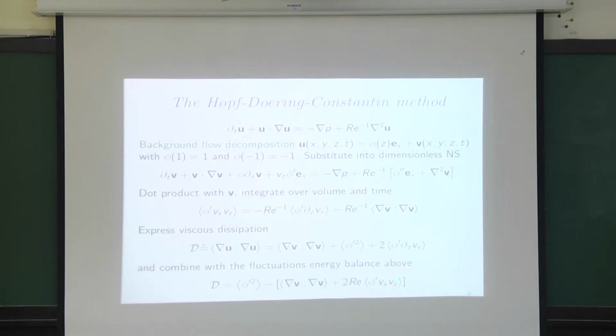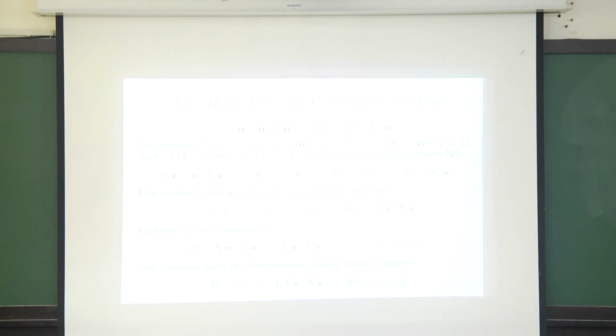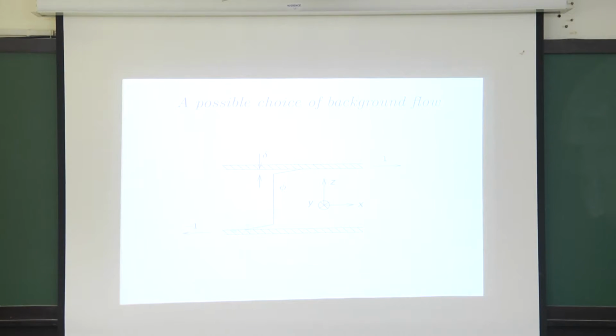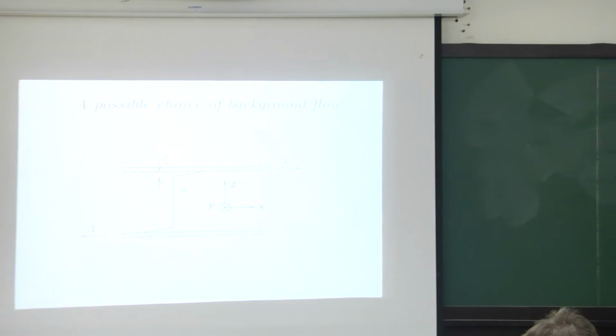To bound this one, we use also boundary condition because we know Vx and Vz are zero at the wall. Okay, so we will have better control of Vx and Vz near the walls. Okay, so away from the walls, we make phi prime zero. Okay, so we just have phi prime non-zero next to the boundaries.